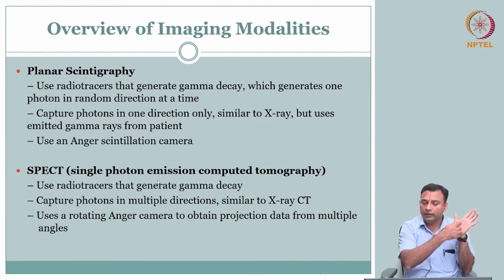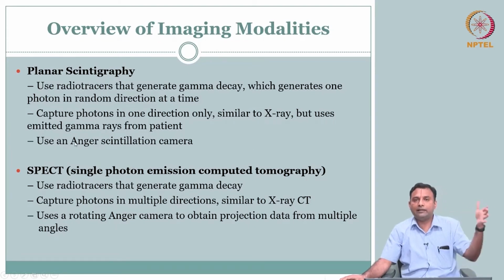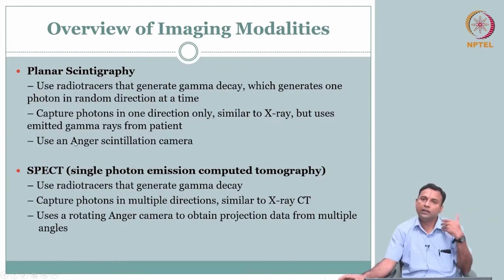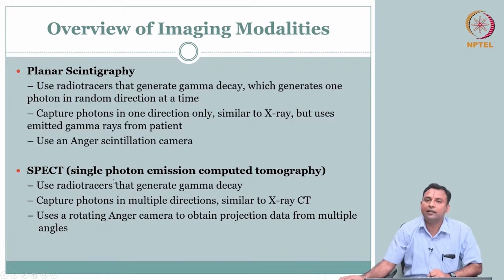A single photon is counted and you get the image, very similar to planar scintigraphy. However, you collect this data from different views and back project it. The same concept, just that it uses a rotating Anger camera so that you can get views from different angles. It is single photon, just to make it different from the third one, the other mode of decay that we were interested in, positron.